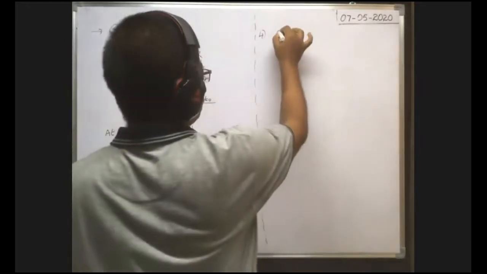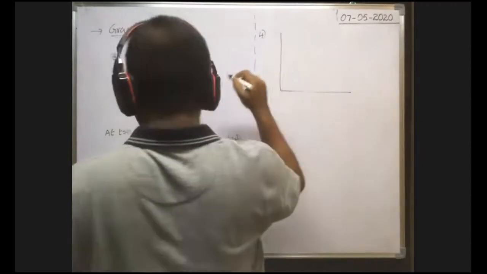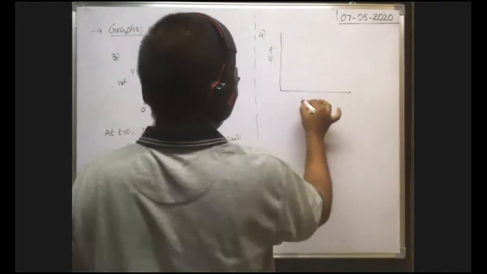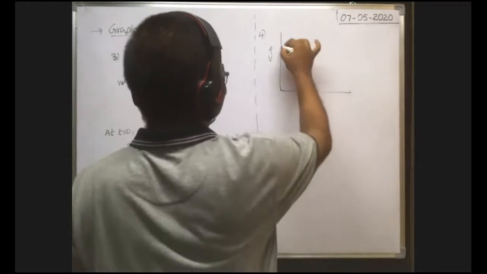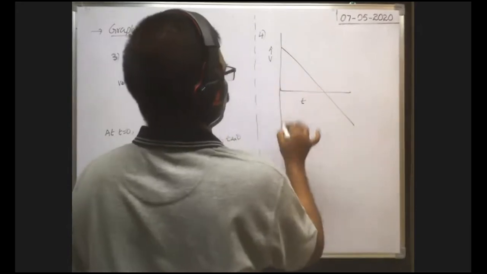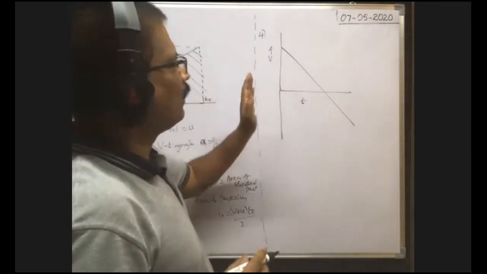Next, suppose we are given one more graph. The VT graph is like this. At first the body travels along the positive direction.